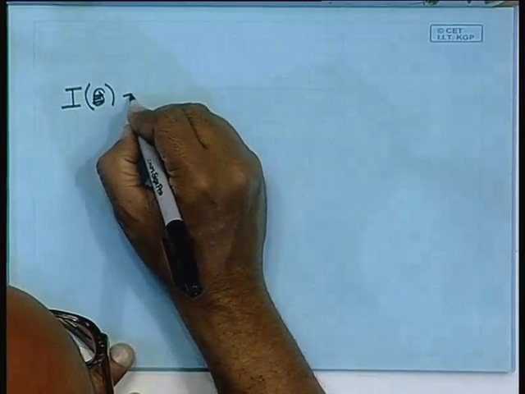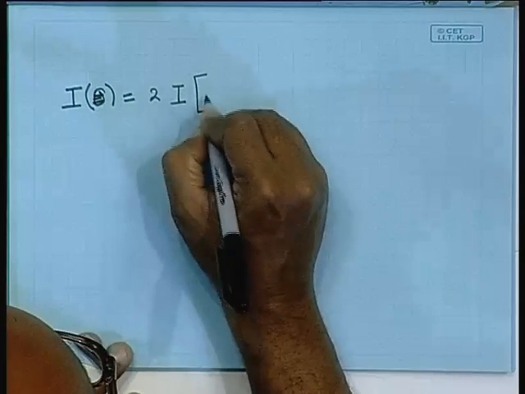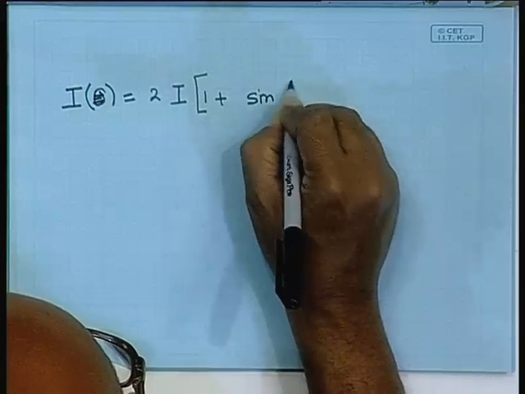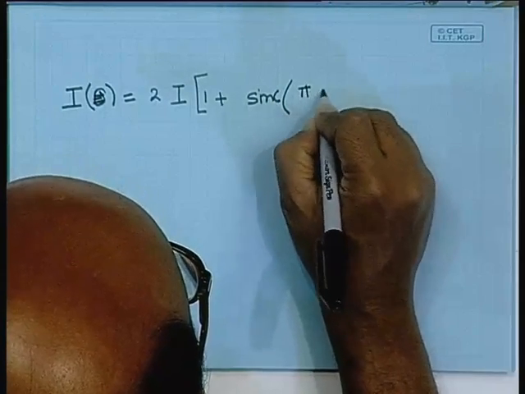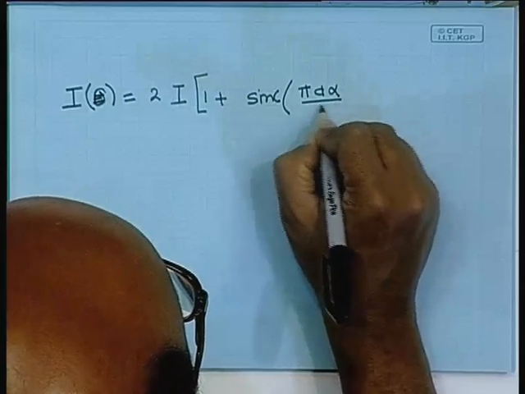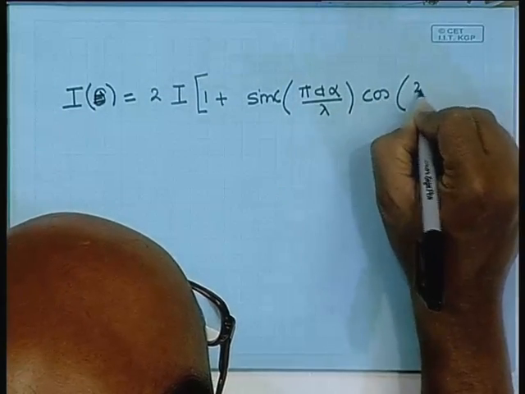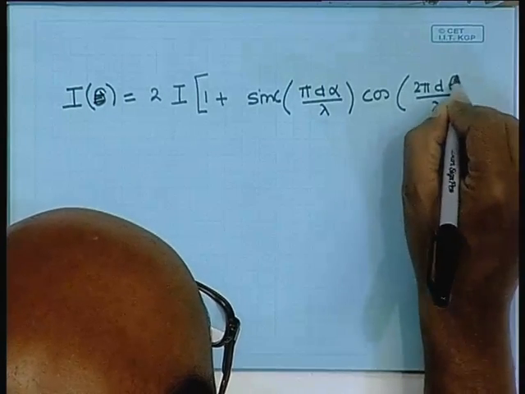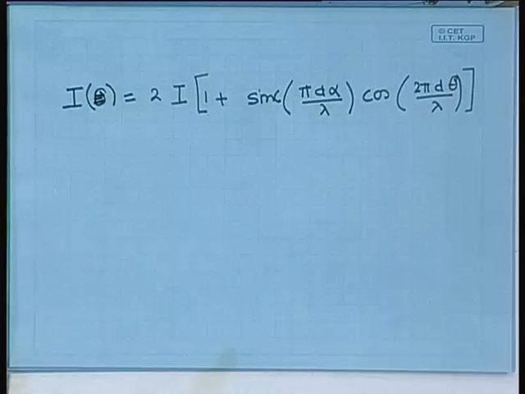We had calculated this, it was 2I1 times 1 plus sinc pi d alpha by lambda into cos 2 pi d theta by lambda. So this was the expression for the intensity.